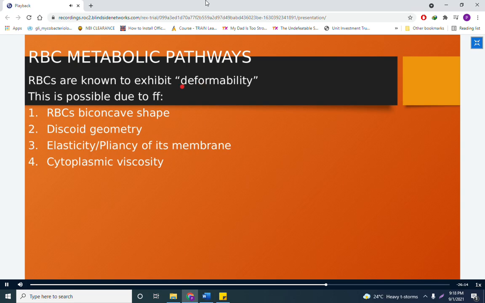Okay. Your RBCs are known to exhibit deformability. So I think I wrote this down in your handout. The deformability refers to the ability of your RBC to change shape without puncturing or lysing, or being destroyed. Now, this is possible because of the biconcave shape and discoid geometry. So, class, imagine your arteries, your veins, and capillaries. They look like this.